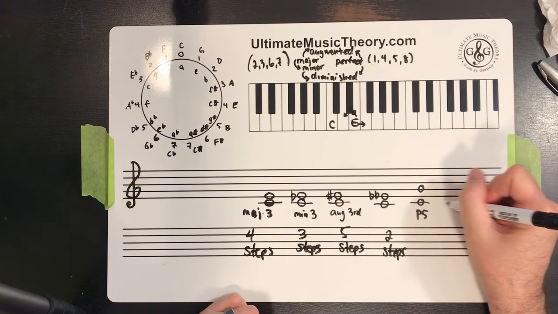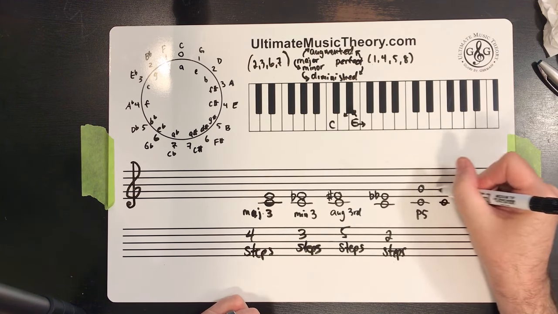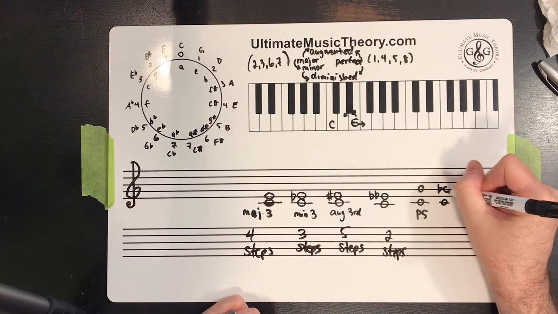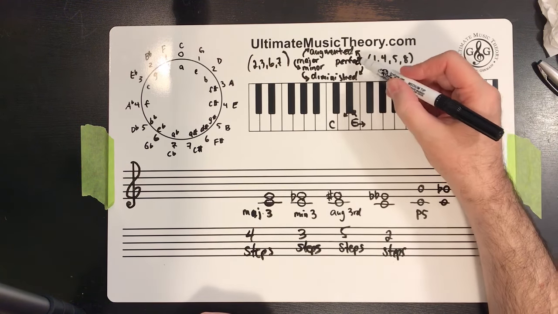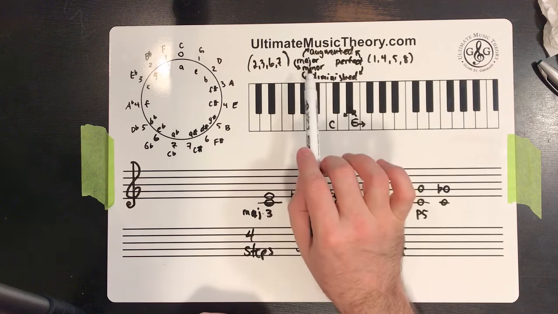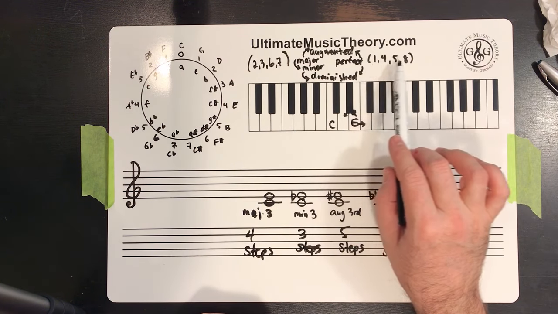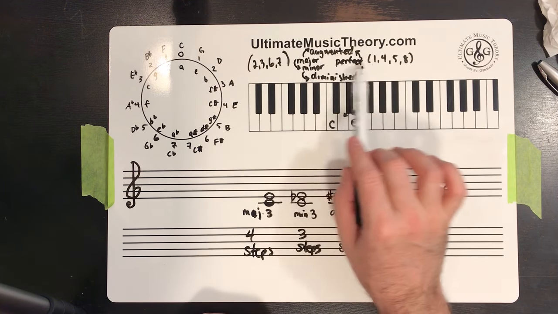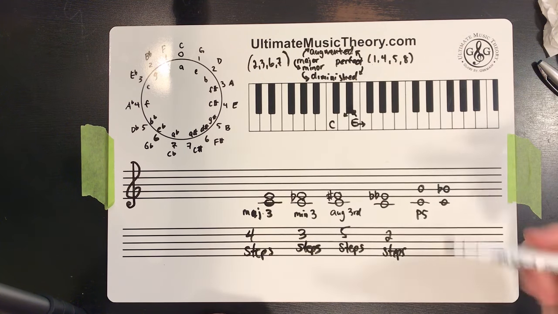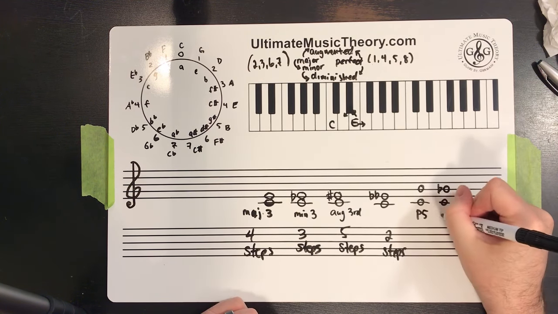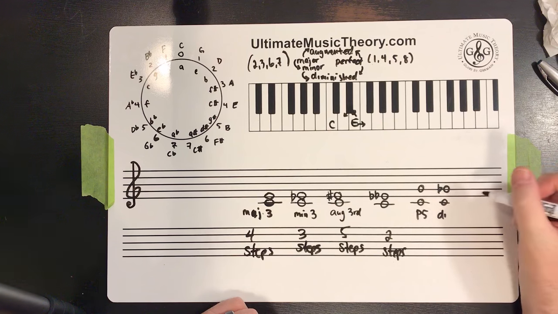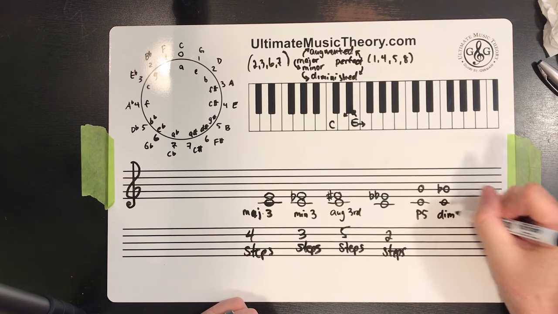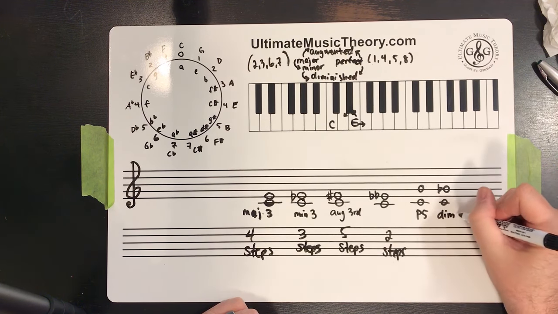Now, if we go one step lower on a fifth, if we go down one, we go directly to diminished. There's no minor with a first, fourth, fifth, or eighth. Perfect intervals don't have a minor, okay? So this would be a diminished fifth.